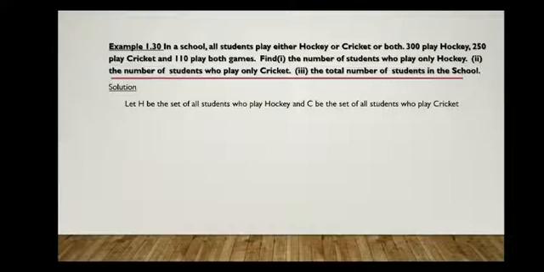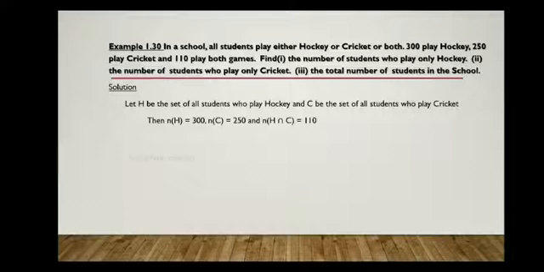They have given 300 play hockey, so n of H is equal to 300. 250 play cricket, so n of C is equal to 250. 110 students play both games, that is H intersection C, so n of H intersection C is equal to 110.